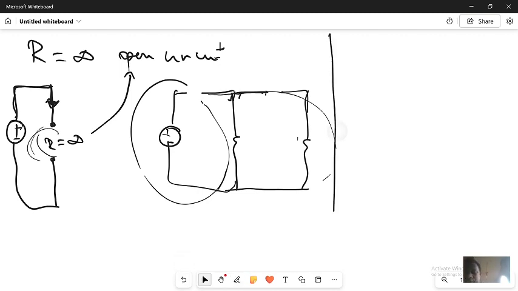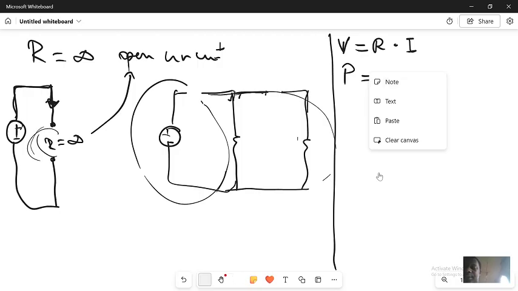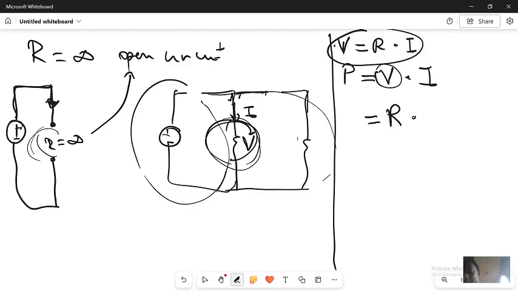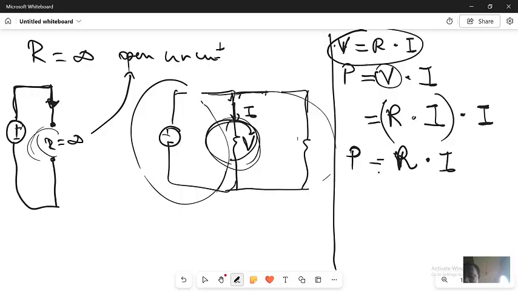So now we have already seen Ohm's law, that V equals R multiplied by I. From the previous video, we know that the power P equals V multiplied by I. If I want to determine the power of this element, I take the value of V multiplied by the current I. But I can replace V using Ohm's law: V equals R multiplied by I, multiplied by the other I. So I directly get the power equals the resistance multiplied by I squared, another formula.